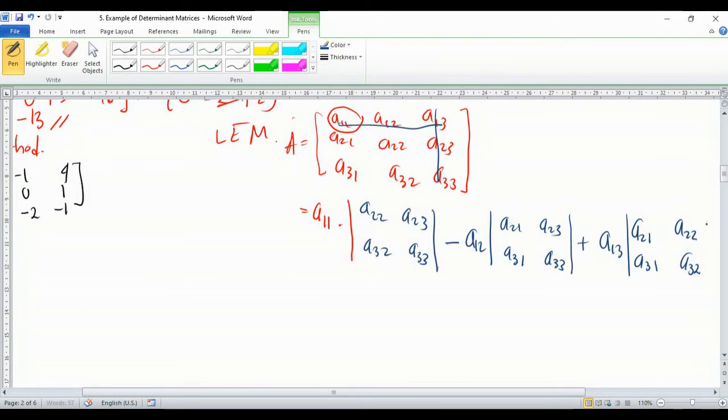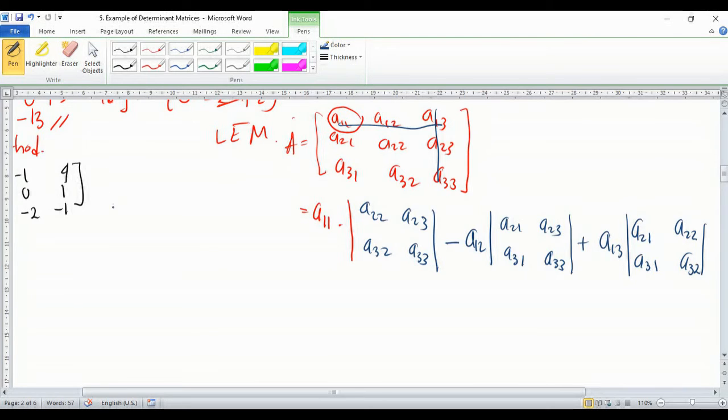Maybe you will be curious, Miss, why we just take from the first row? Actually, when we want to learn this Laplace method, you should learn from the minor and then the cofactor. But like I said before, we don't have a lot of time, so I just make it simple.